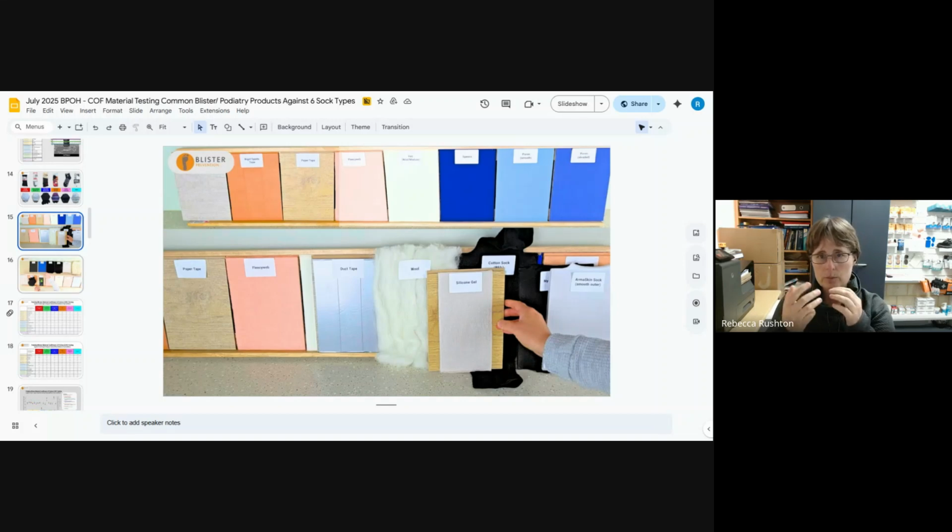So for interdigital blisters, yes, they can be very effective. I find them not as effective as gel toe sleeves or gel toe caps, particularly for pinch blisters and particularly on the little toe that really can kink in and under. But where you just need a little bit of interdigital protection for all the interdigital spaces, definitely toe socks.